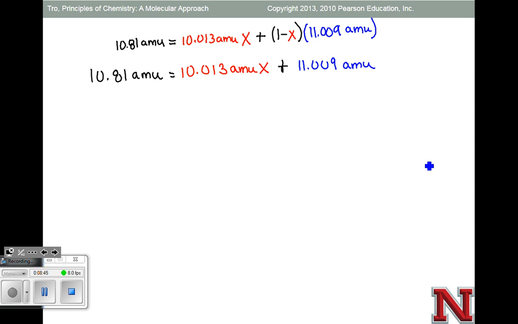So 1 times 11.009 minus my x times 11.009. So remember, in algebra, both of these terms have x with them, so I can add them together. I can add like unknowns.